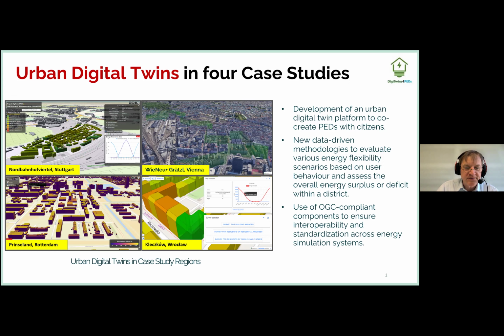In other use cases, like Stuttgart, the real positive energy district is just planned, it does not exist. But of course, I would say we already have a digital twin, because in my definition, the digital twin can contain assets that do not exist in reality yet. Otherwise, it's not a planning support system, right? So we need to have this.